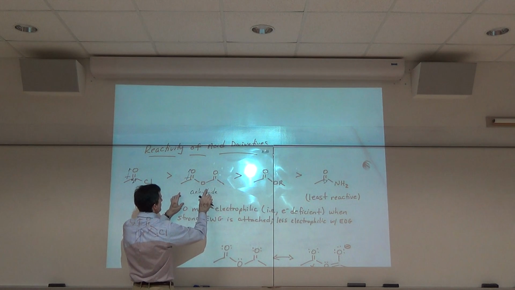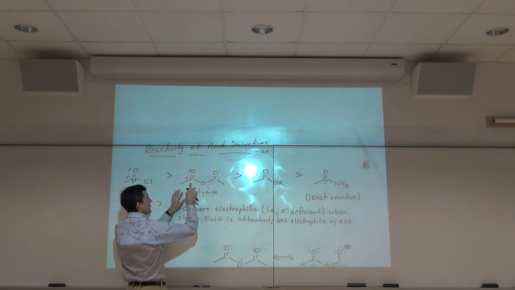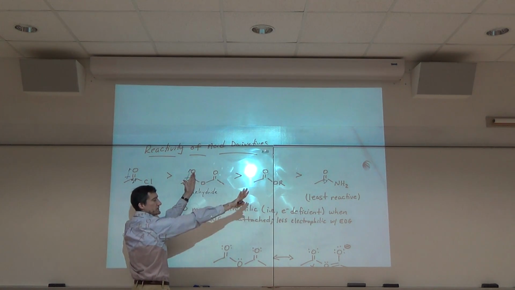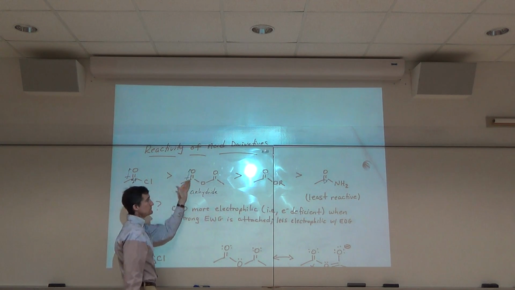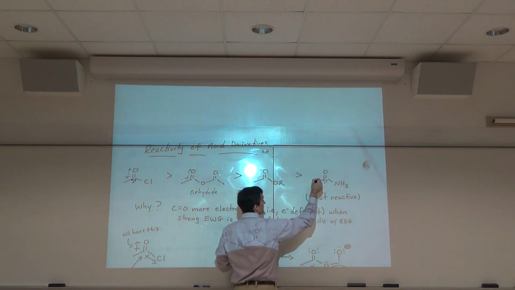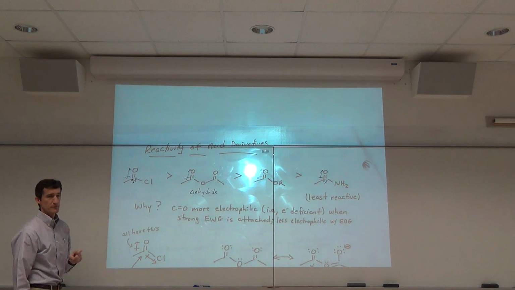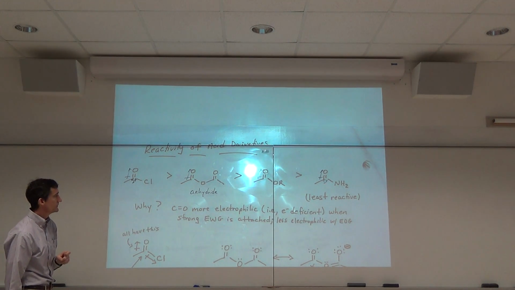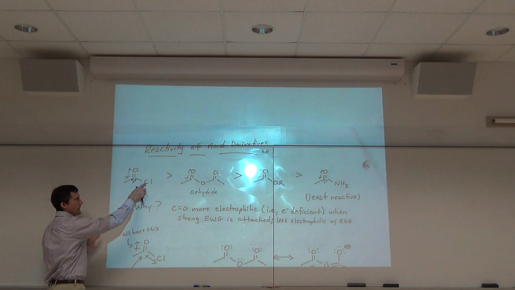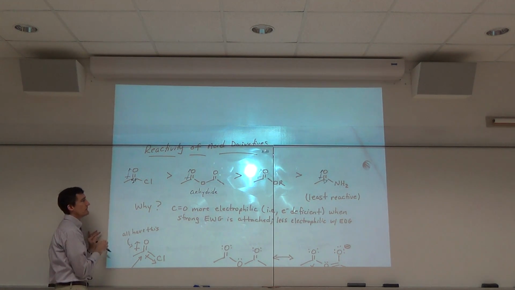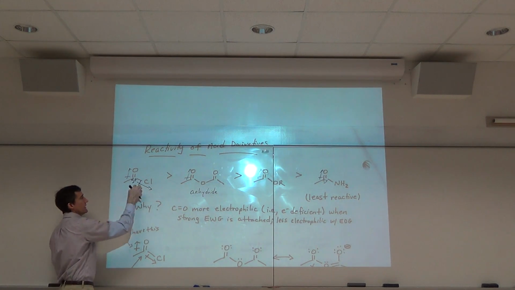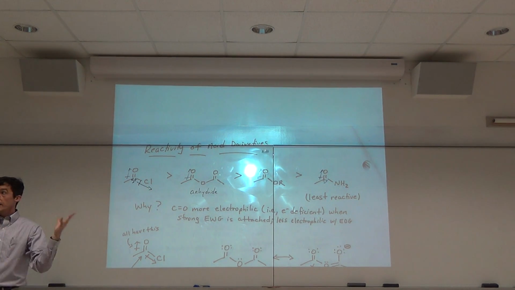When there's two, basically you do chemistry at one, and the other portion is a leaving group. They all have that, so that's not your answer. The difference is the X group. And so what does a chlorine do when it can do both? It's a net withdrawer. So it's pulling, and that makes the partial plus even greater.